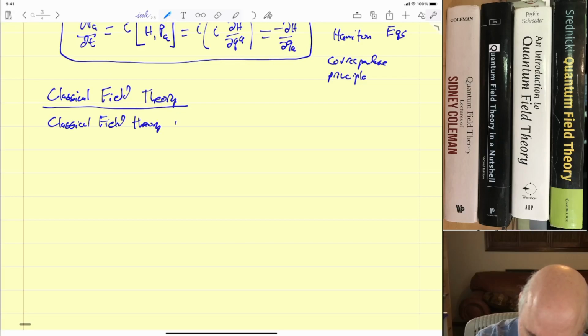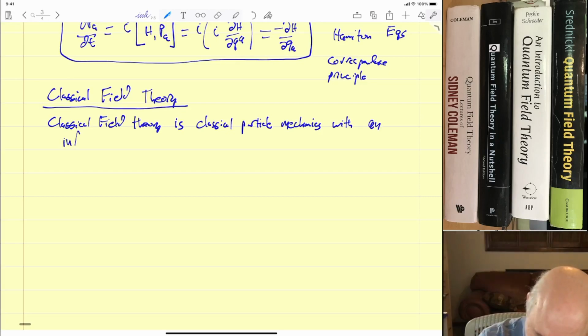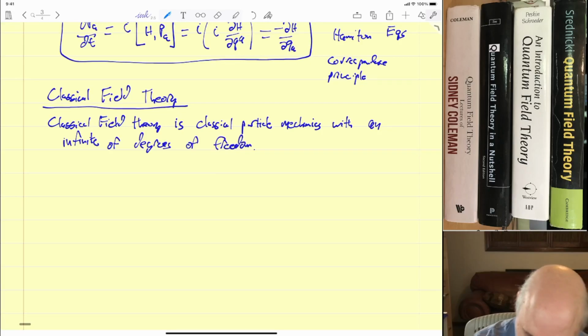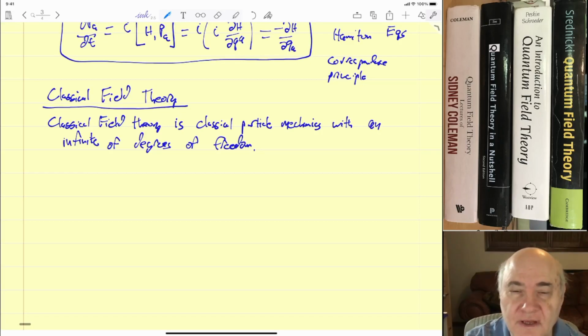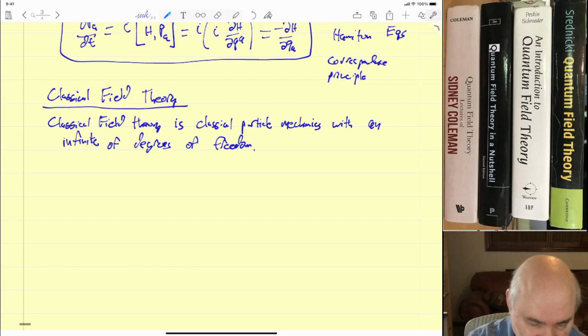So classical field theory is just classical particle mechanics with an infinite number of degrees of freedom. Although I'll start using a continuum description, it doesn't have to be continuum. We could work with Fourier modes, but either way we're going to get an infinite number of degrees of freedom.